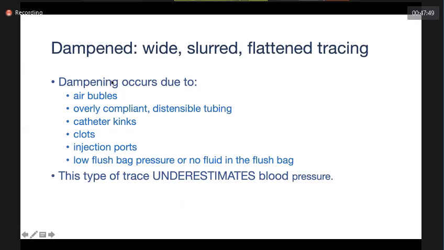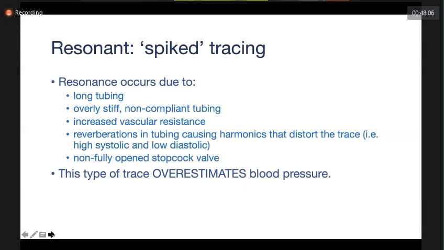A damped trace is a wide, slurred, flattened trace. That is again due to what I told you: catheter kinks, clots, injection ports, all these things can cause this kind of problem. Similarly, resonance, that means overspiked tracing, occurs with a long tube, probably I told you short tube earlier, long tube, overstiff, non-compliant tube, like the injector tube you use once and then check the pressure in the lab.